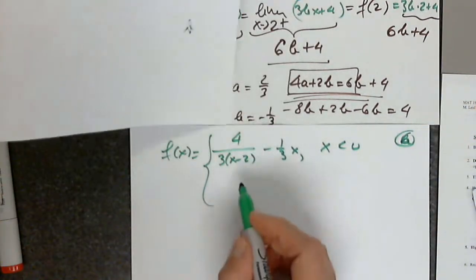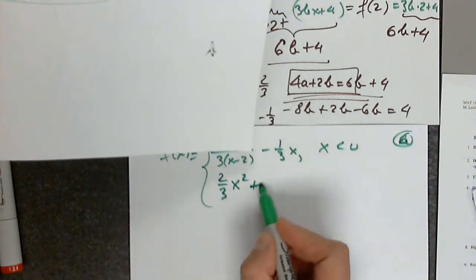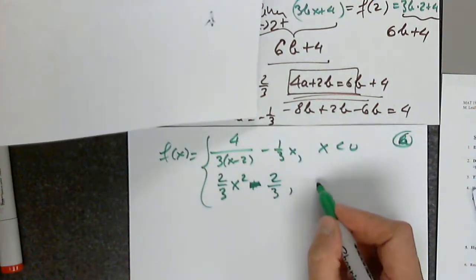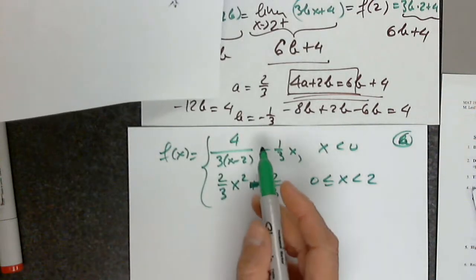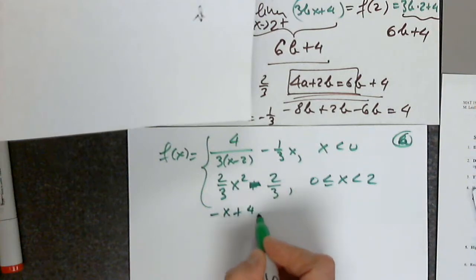A again, 2/3 x squared minus, because b is negative, minus 2/3 for 0, 2. And the last one, negative x plus 4 for x greater than 2.